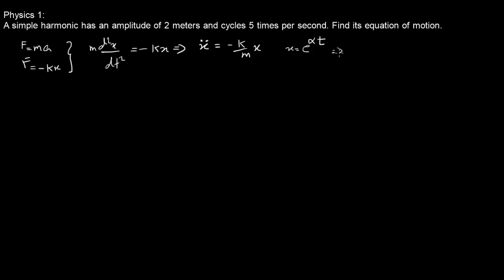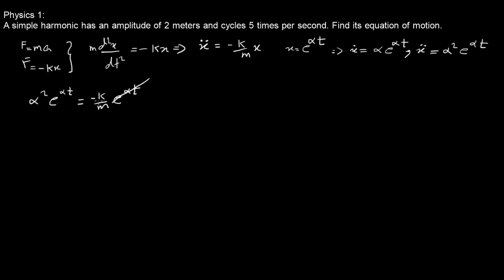So now we can put this into this equation and find alpha. Let's take a time derivative. x dot is equal to alpha e to alpha t, and x double dot is equal to alpha squared e to alpha t. Now put all of these into the equation: alpha squared e to alpha t equals minus k over m e to alpha t instead of x.